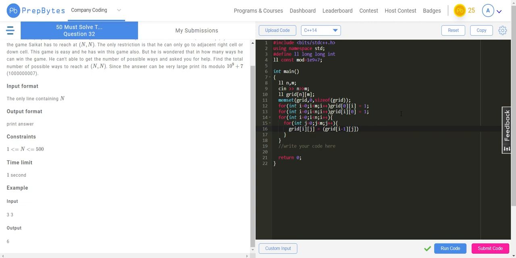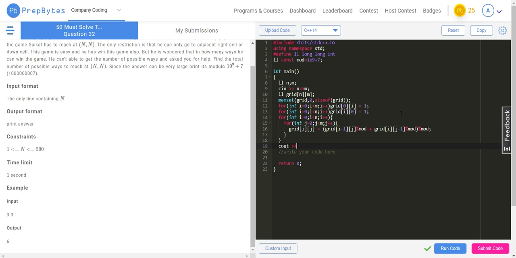Grid of i minus 1, j, the number of ways that you can come to that point, mod, plus grid of i, j minus 1, percent mod. Again, a whole mod, because it's given in the question that you might have a very large answer, so we need to do a mod.